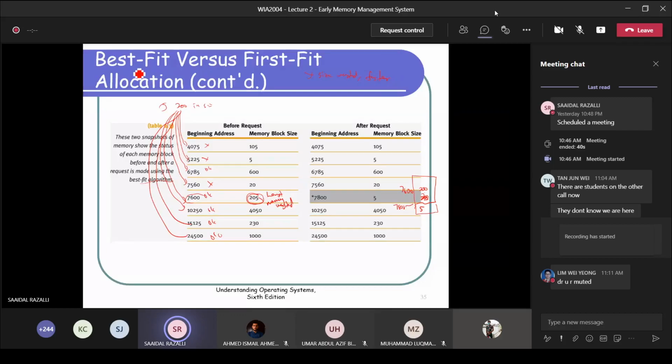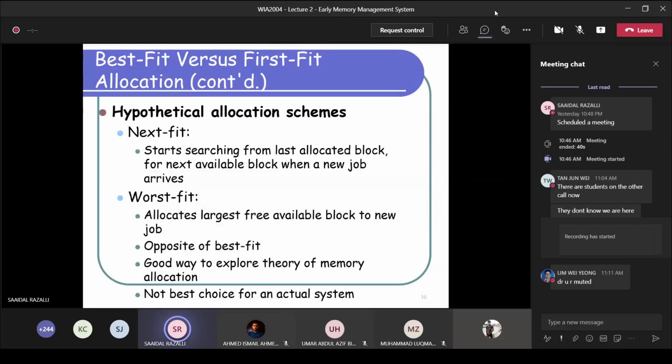Best fit: least size wasted but slower performance. Okay. Best fit versus first fit are most probably two of the most popular algorithms if you want to use dynamic partitions.